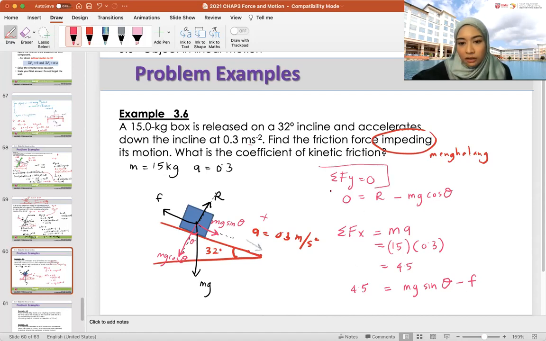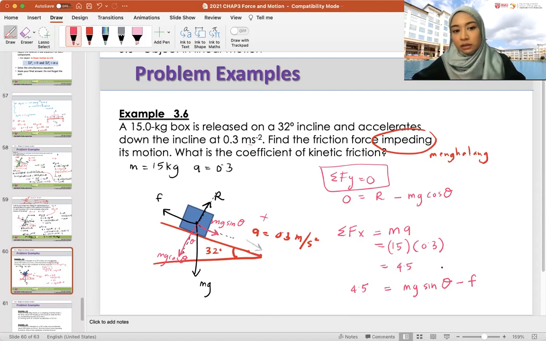You started with condition Fy equals to 0. And then for the equilibrium condition, you started with net Fx equals to 0. Here, your condition was net Fx is equal to ma. What is ma? M is mass of the object, 15. And the acceleration was given as 0.3. Then after solving this, that is the condition.